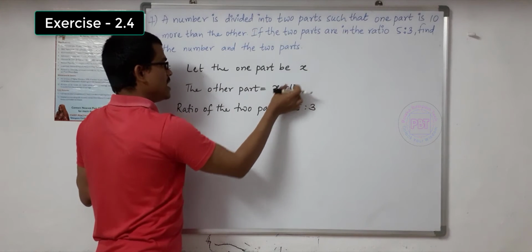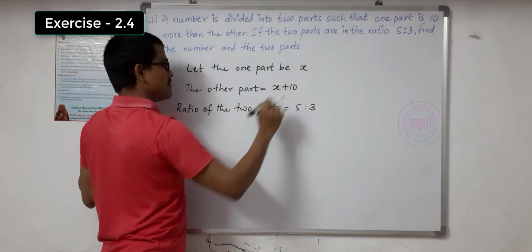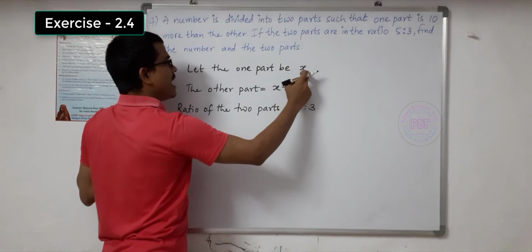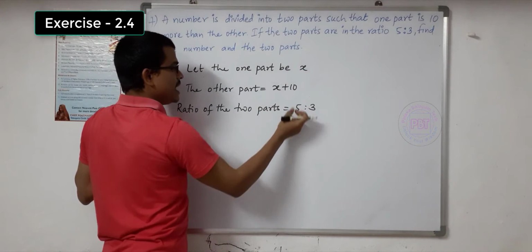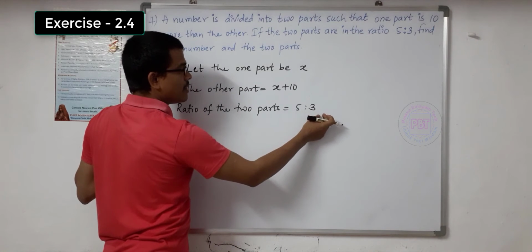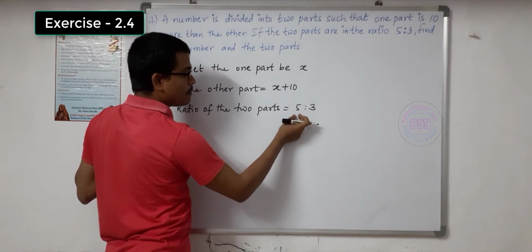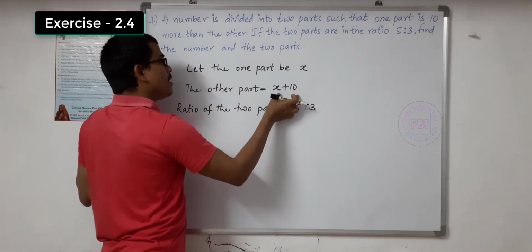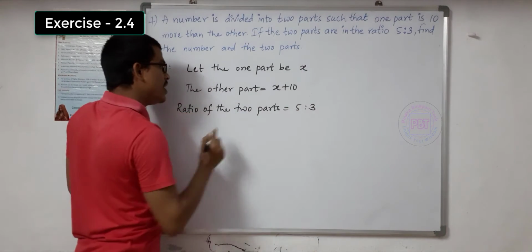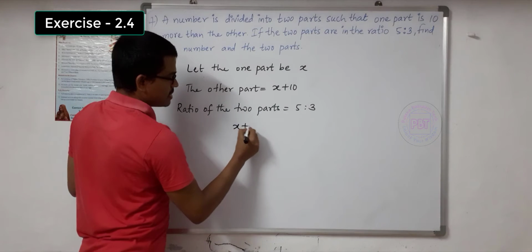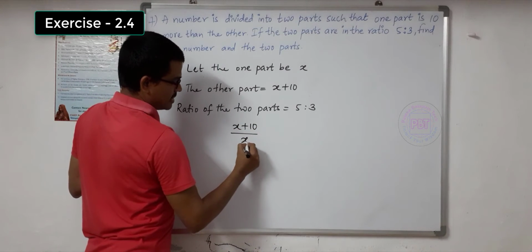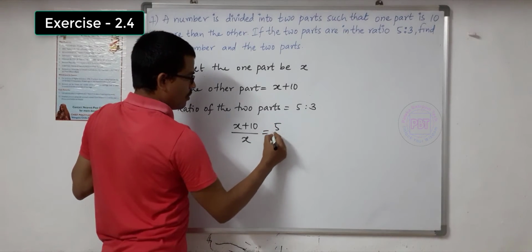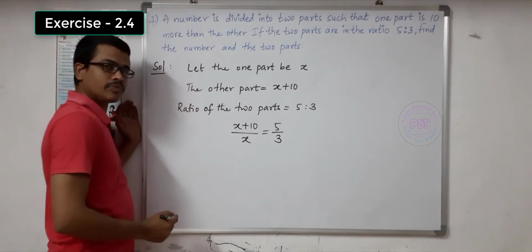In these two parts, which is the greater part and which is the smaller part? x plus 10 is the greater part, x is the smaller part. So it is the ratio of greater part to the smaller part. Similarly, we are going to write greater part to smaller part ratio, that is x plus 10 by x. Ratio is nothing but fraction, that equal to 5/3.